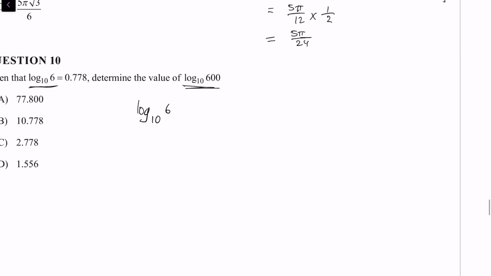So we know our log rules, if I just write them in red here, that for any logs to the same base, if I'm adding two logs of the same base with different values in brackets, then I can simply multiply them, with this having the same base.